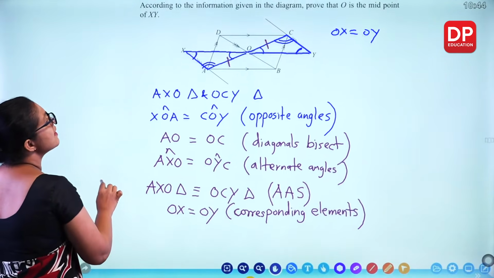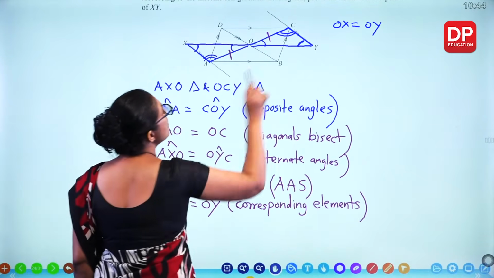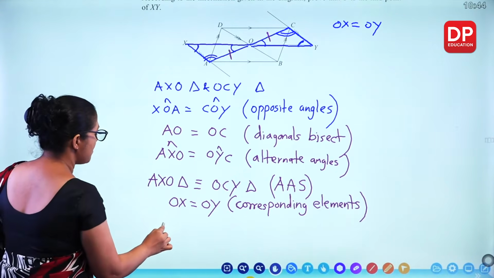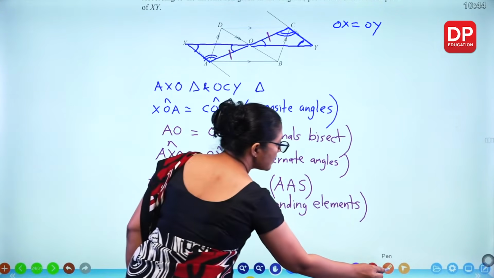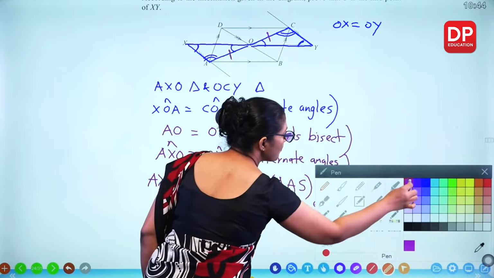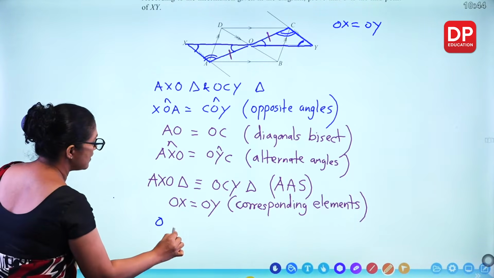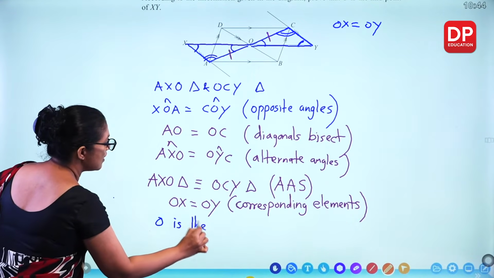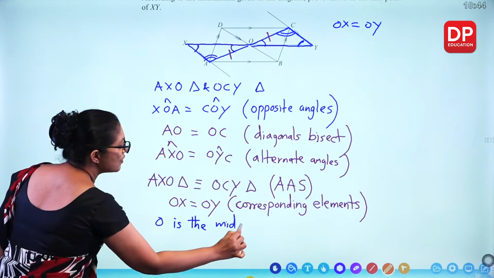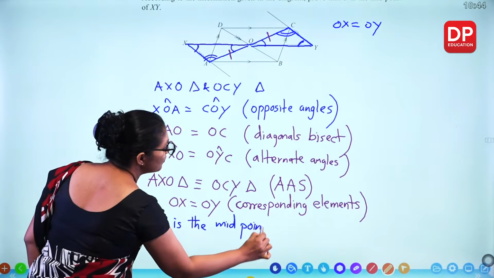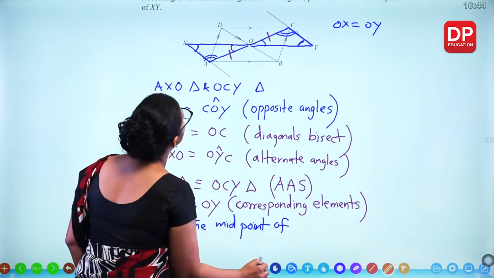That means if OX is equal to OY, I can write O is the midpoint of XY.